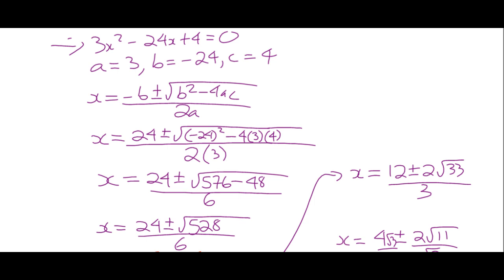Substitute in. If you're going to square this in your calculator, which likely you're going to square 24 in your calculator, don't do negative 24 squared. Just do 24 squared, understanding that we're just going to get a positive. If you want to do negative 24 squared, bracket negative 24 bracket squared.